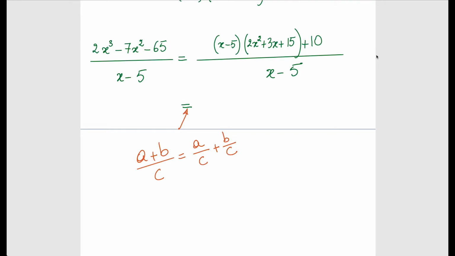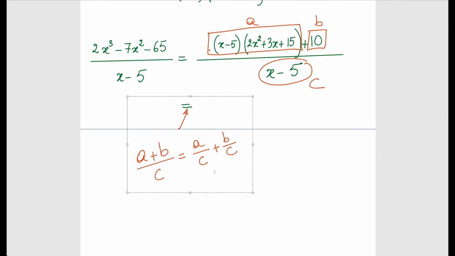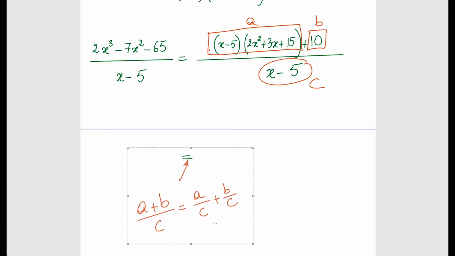And this is what I'm going to do. I'm going to think about all this block as the a over here, this block as the b, and this block as the c. Okay? So structure-wise, it looks like a plus b over c, right? I'm going to use that writing for it. And what do I get?